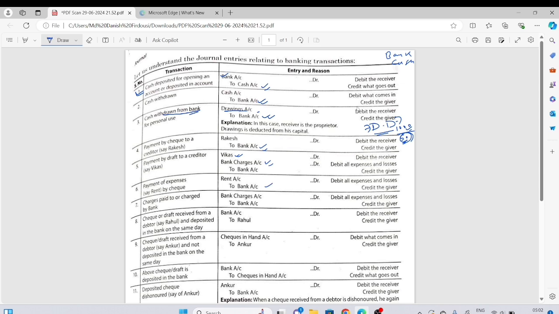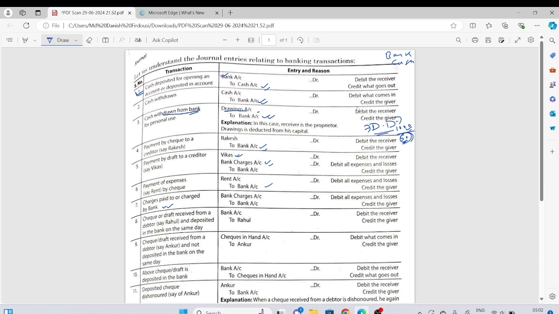Charges paid to or charged by the bank. If you pay any amount, any type of charge, just like suppose you utilize an SMS system, ATM like this, then after using these services, the bank deducts a few amounts from you on a monthly or yearly basis.